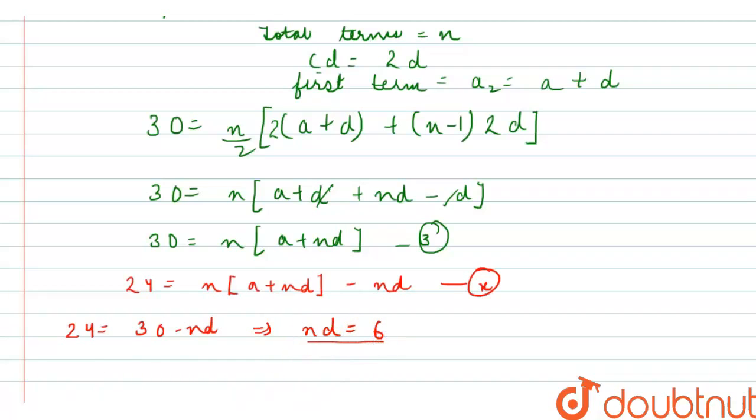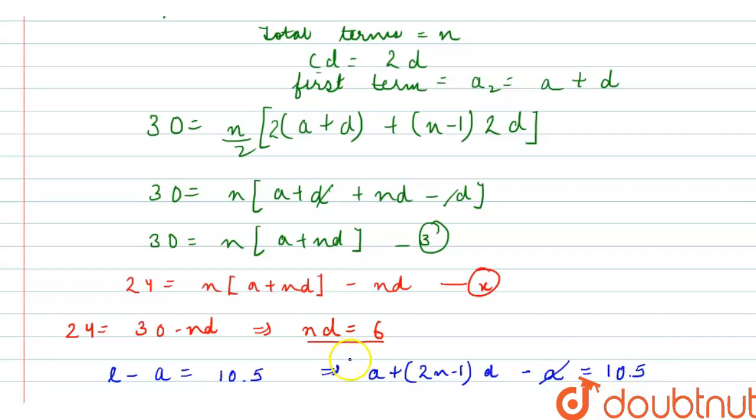Now it is also given in the question that last term minus first term is equal to 10.5. Initially we assumed that the total number of terms is 2n. So the last term would be A plus 2n minus 1 into the common difference d. Last term minus first term A is equal to 10.5.